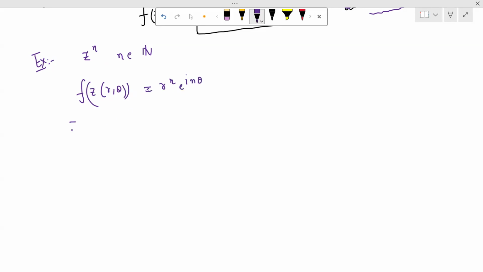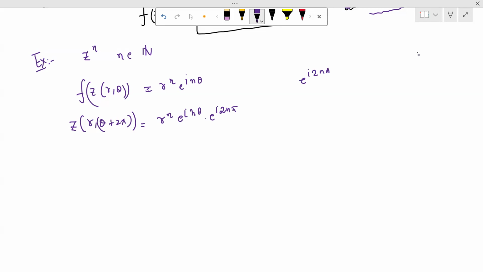And now if I take a rotation of theta plus 2 pi, that is, instead of theta, if I write theta plus 2 pi, what will I get? I'll simply get r raised to power n, e raised to power iota n theta, and e raised to power iota 2n pi. Is that fine? And I already know what e to the power iota 2n pi is.